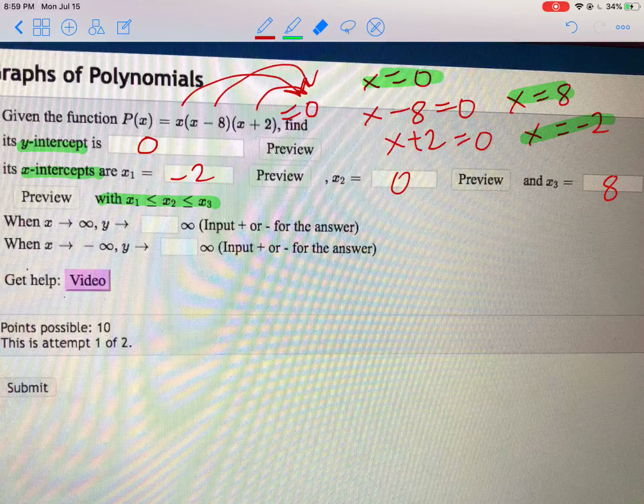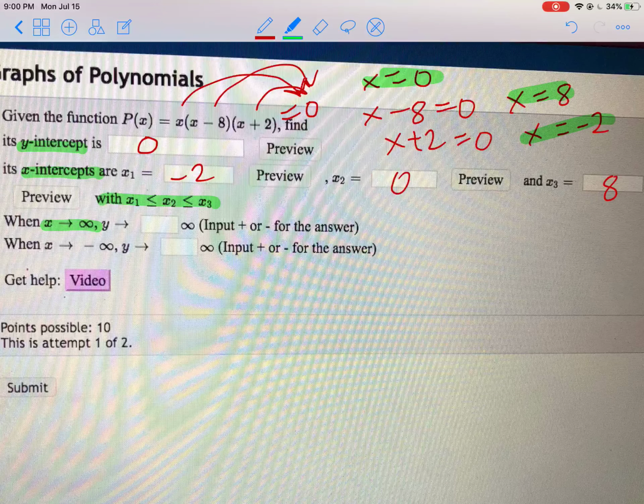And then finally, the last bit is about the long-term behavior. So plugging in very large positive values of x, what can you predict is happening with y in terms of its values? Is it very large positive or very large negative?